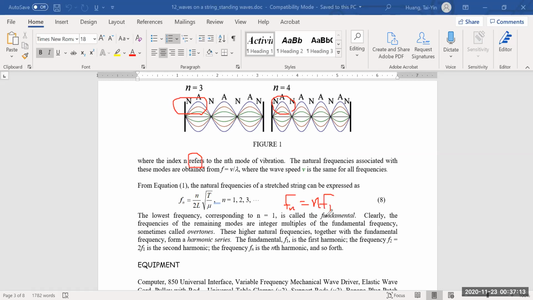So in other words, once you figure out F1, the fundamental frequency, then for the next harmonics you can just multiply by the integer to estimate where that frequency would be, when you do the experiments.